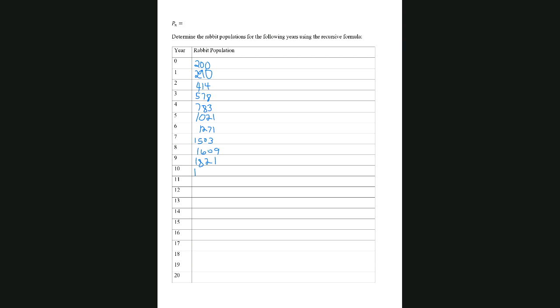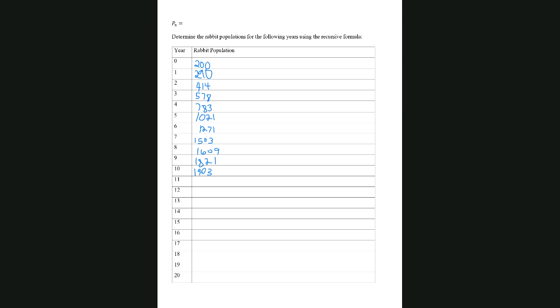So something here starts to happen. What am I at, 1903? What am I getting close to? I'm getting close to the carrying capacity of 2,000. So something starts to happen. In year 11, according to this model, I don't grow as much because I'm getting close to the carrying capacity.